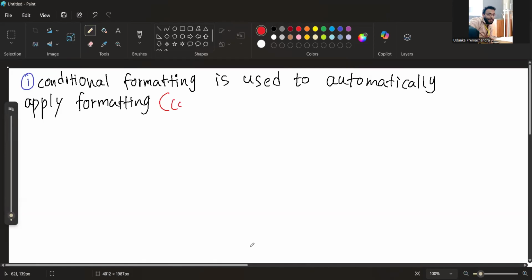It can be used for bold, italic, underline, something like that.